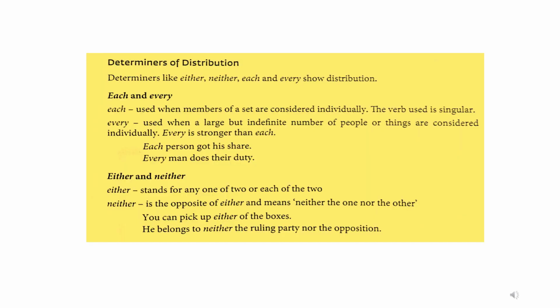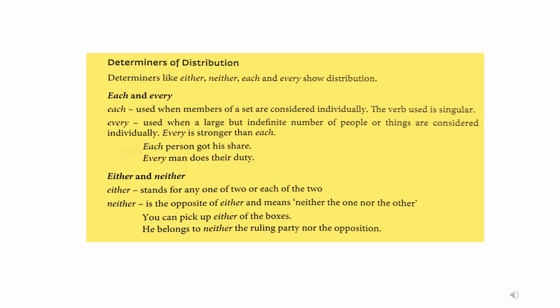Third kind of determiner is determiners of distribution. Determiners like either, neither, each and every show distribution. Now let us see the uses of each.